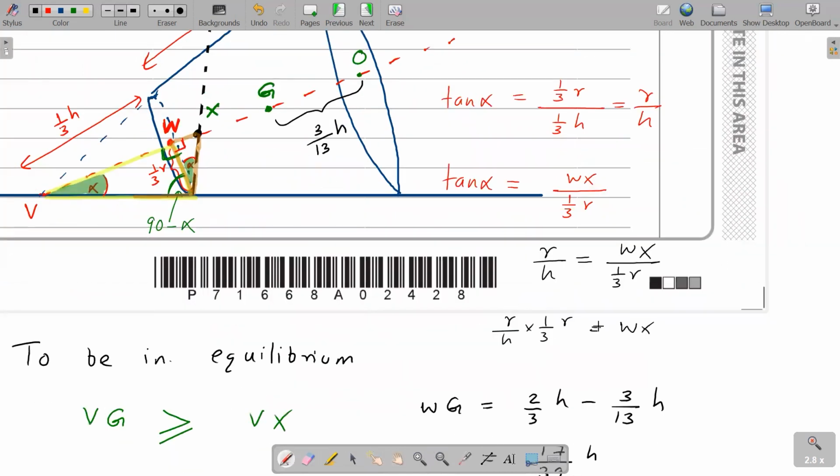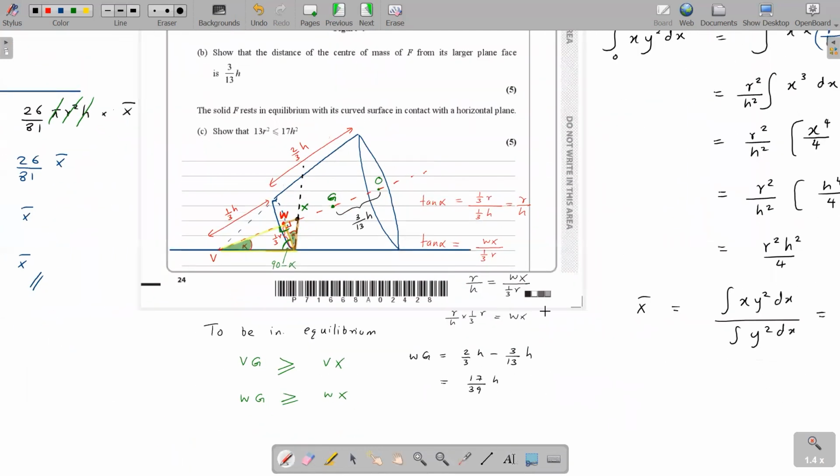What do I get? r squared over 3h is equal to WX. Do you agree? So WX will be equal to r squared over 3h. Children, do you agree? Okay, so I have the WX distance, I have the WG distance.